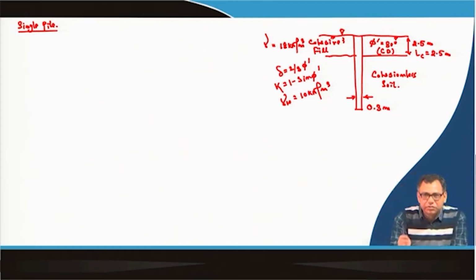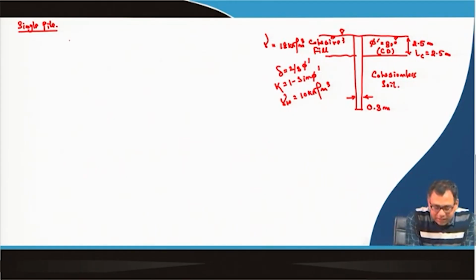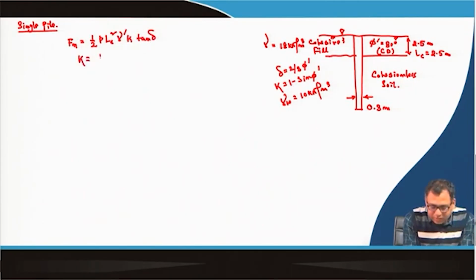But here we can use the distribution considering the submerged unit weight, so directly we can use that expression: F_n will be half perimeter into L_C square gamma dash K tan delta. K is equal to 1 minus sin phi, that is 1 minus sin 30 degree, so that is 0.5.